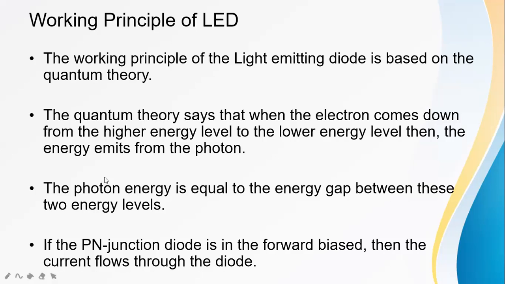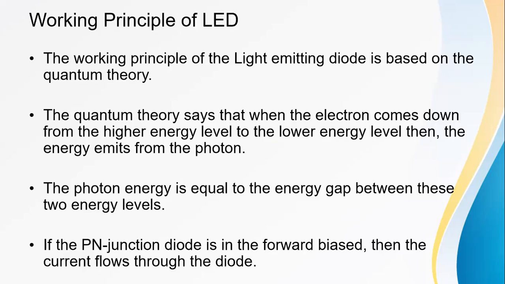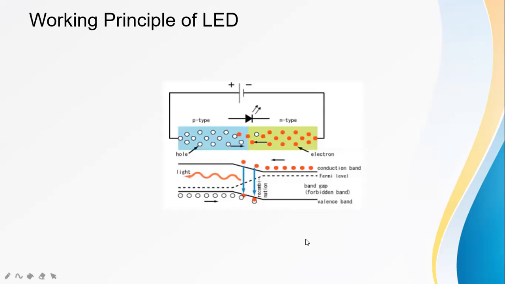When the electron is moving from the higher energy level to the lower energy level, it is losing some energy. That energy is called photon energy. This photon energy is equal to the gap between the conduction band and the valence band. If the PN junction diode is in forward bias, then current flows through the diode.